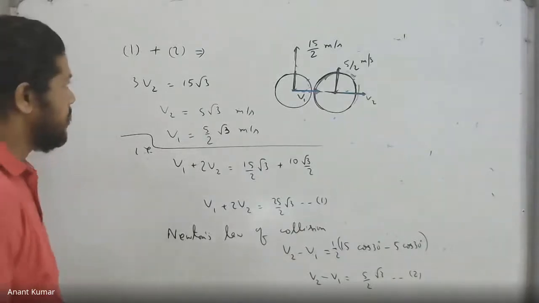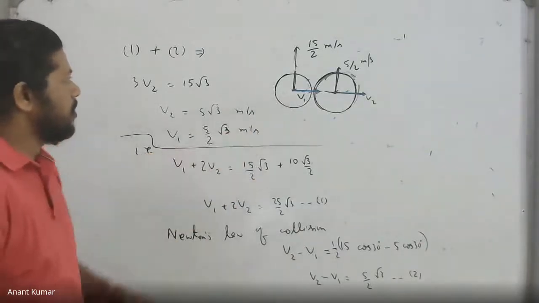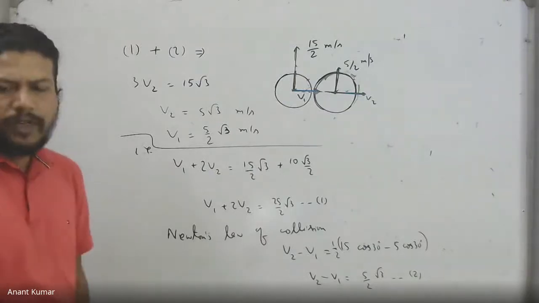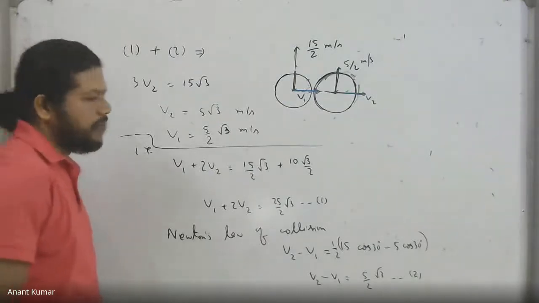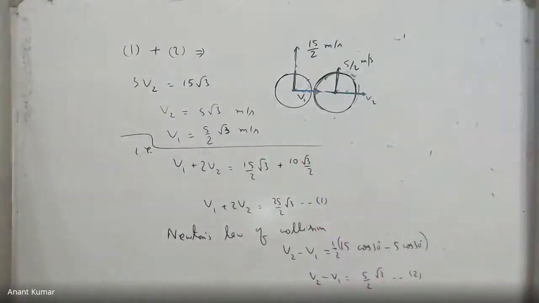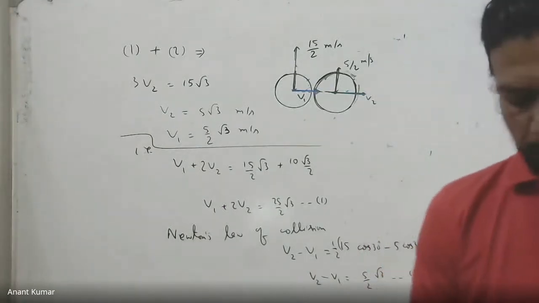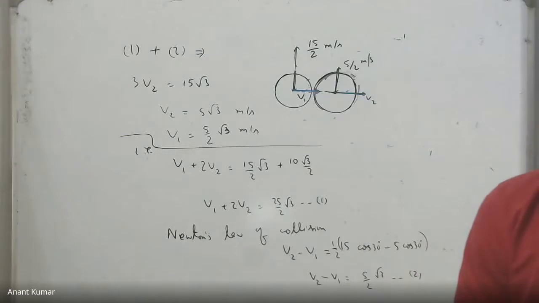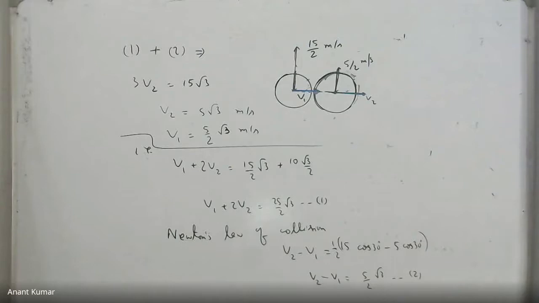So you can now find the speed of the first one. That turns out to be root over V1 square plus 15 by 2 whole square. You can simplify that up. And similarly for the other one as well. Okay, that is therefore found. At least the idea should be clear enough. Check another one.